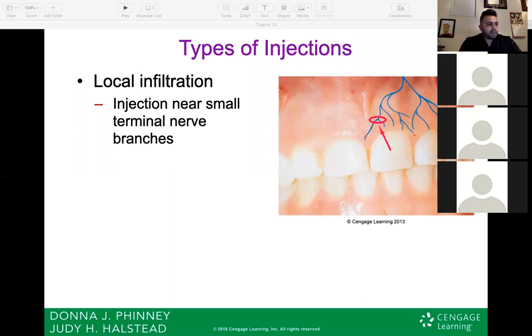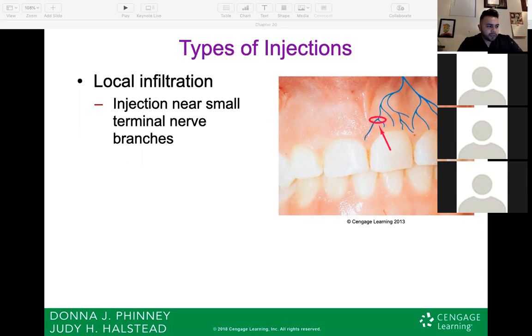All right, so we're talking about types of injections now. This is called the local infiltration. This is an injection near the small terminal end of the branches. You can see that terminal end is as opposed to the root end of those nerves.